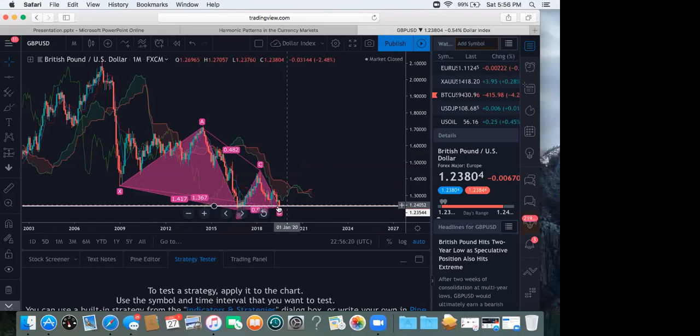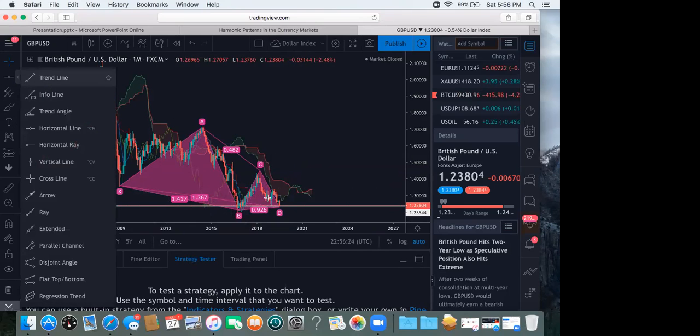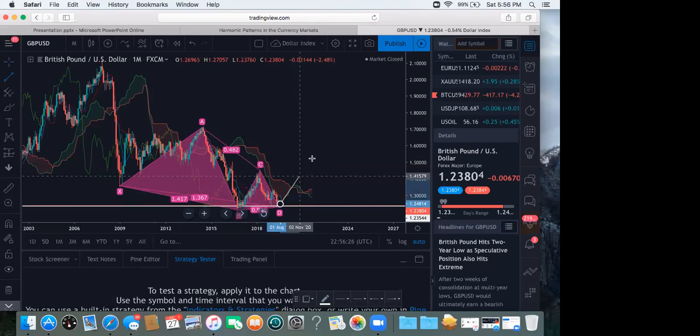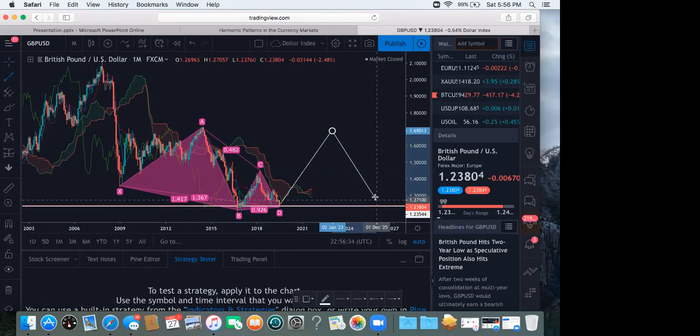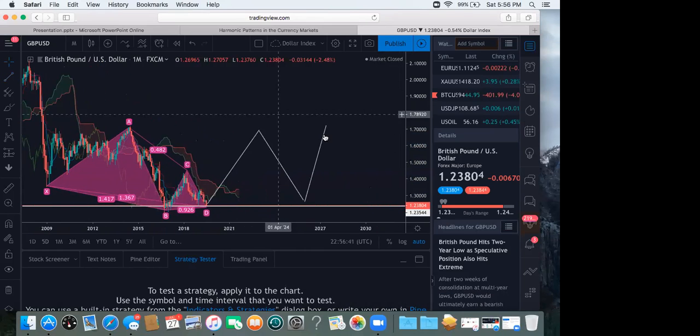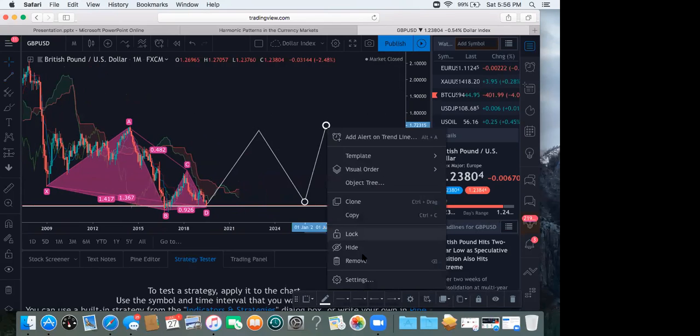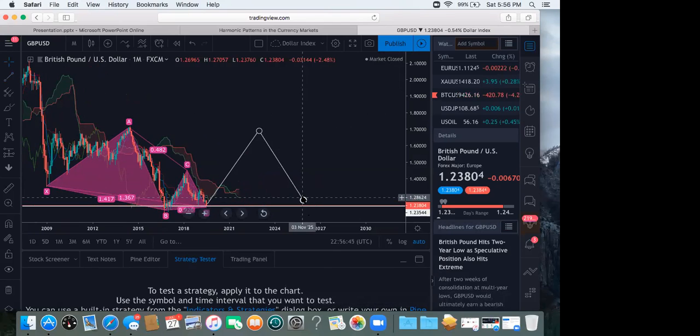So you look for the D, and then it goes through that Kumo twist. And then it can sometimes go like this. And it just forms more patterns. It just forms more confirmations, more bats, more Gartleys, the M's and W's of the market.